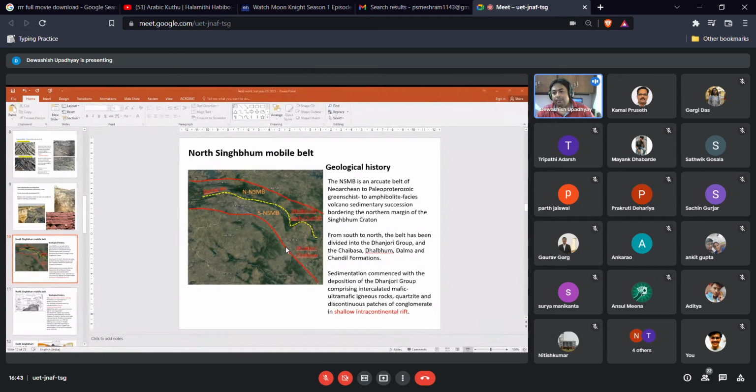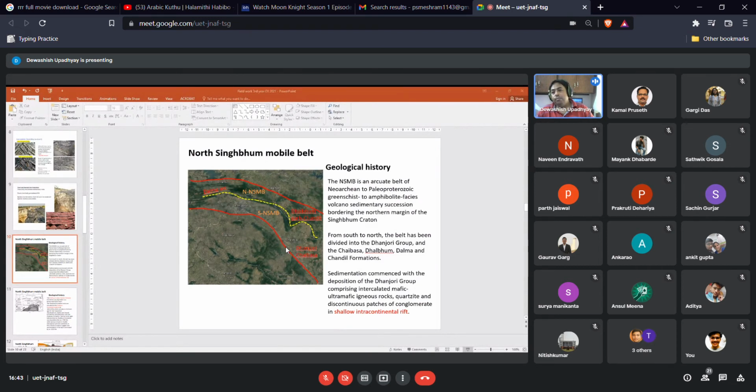I have roughly marked it here. Below the lower red line is the Singhbhum Craton, above the upper red line is the Chota Nagpur Gneiss Complex, and in between you have the North Singhbhum Mobile Belt.